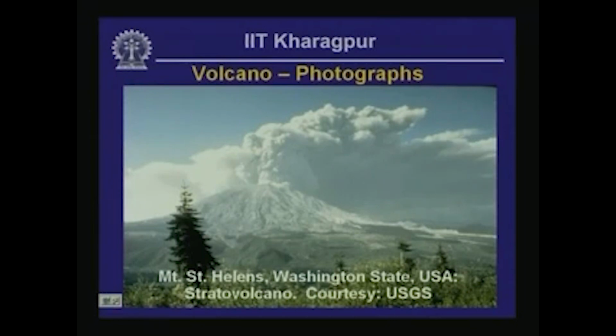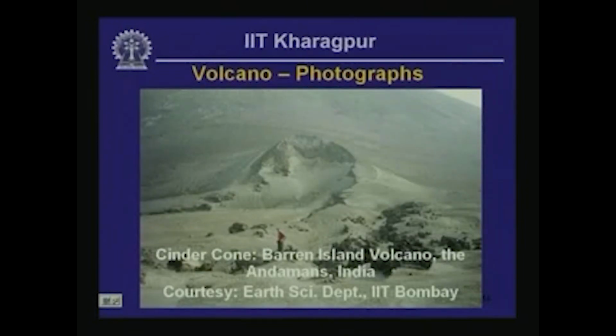This particular volcano is a stratovolcano in the northwestern United States, in the state of Washington, and you can see that this is a huge feature. Then this picture shows a cinder cone.